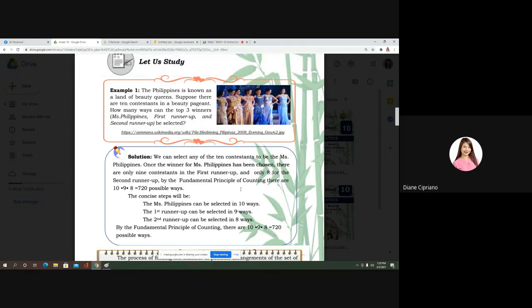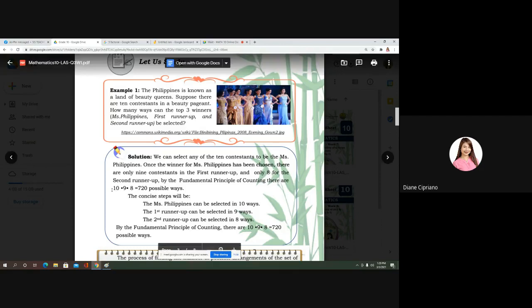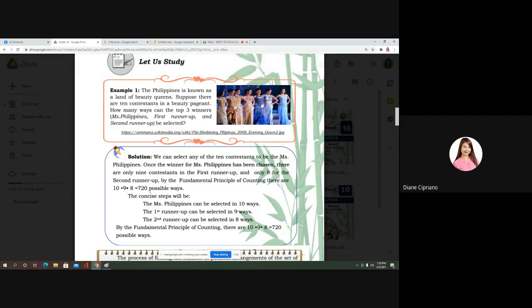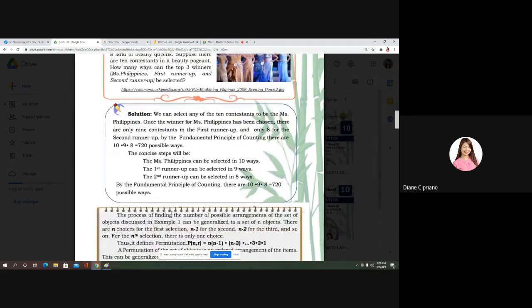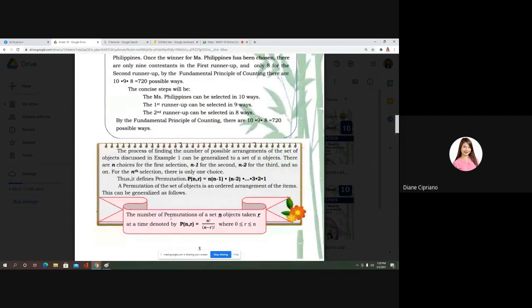By the fundamental principle of counting, there are 10 times 9 times 8 is 720 possible ways. So as easy as that. But of course, we can conclude with the formula of the permutation.